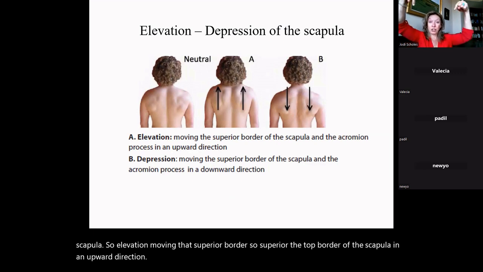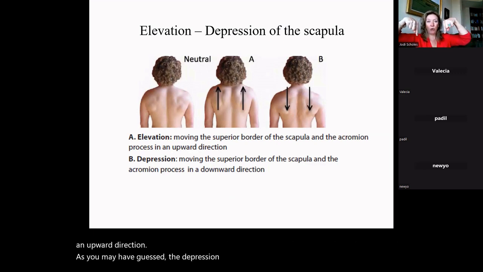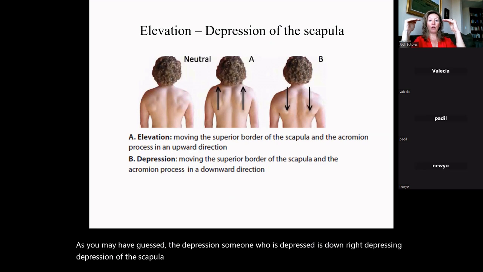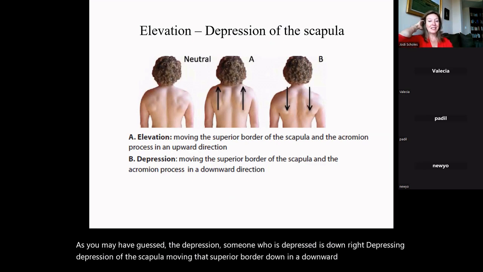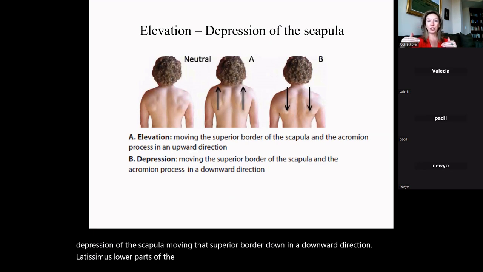As you may have guessed, the depression, someone who is depressed is down, right? Depression of the scapula, moving that superior border in a downward direction. Latissimus, lower parts of the trap, responsible for depression of the scapula. Also, some depression of the scapula with the serratus anterior.